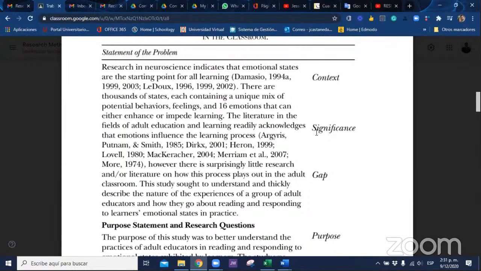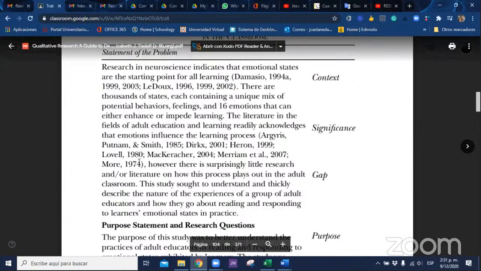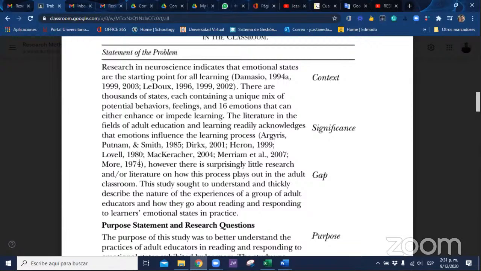The significance is being argued by the literature, that the literature says that emotions are important in education and learning, right? It is important. And it is supported, as you can see here, by the literature. So you have to revise the literature in order to support or justify the research that you are going to do, right? Professor, yes.